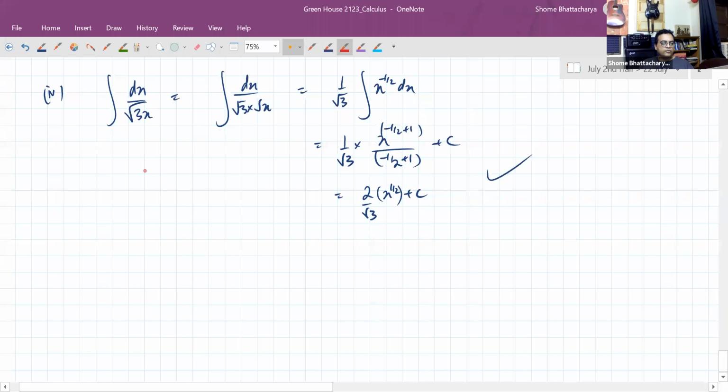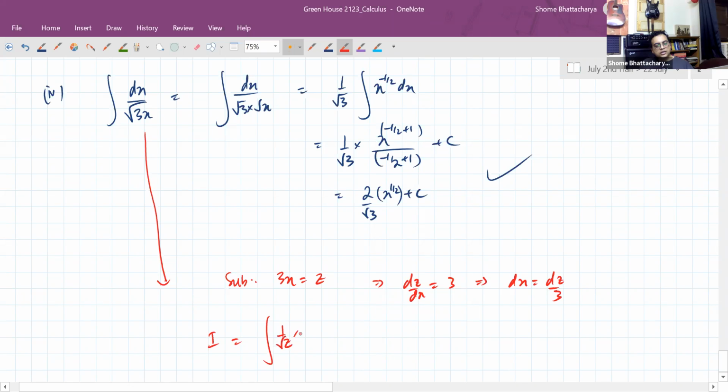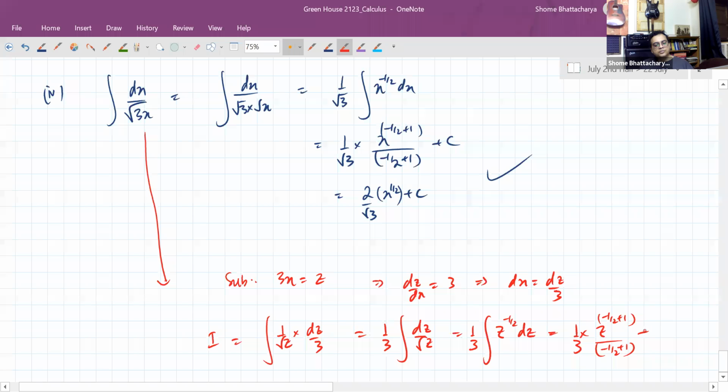But in case for whatever reason you decided to go for substitution, you can also do it this way: substitute 3x as z. So dz by dx is 3, which means I can substitute dx as dz by 3. So my integration will become 1 by root z into dx, which is dz by 3. So 1 by 3 dz by root z, or 1 by 3 z to the power minus half dz. Now I'll use the formula: z to the power minus half plus 1 upon minus half plus 1, plus c.